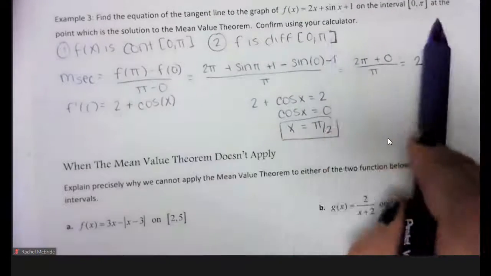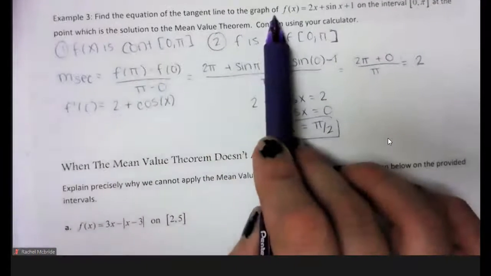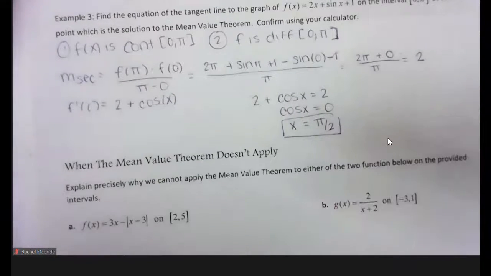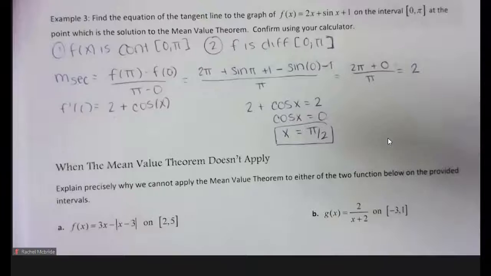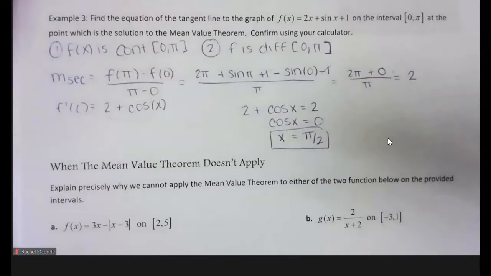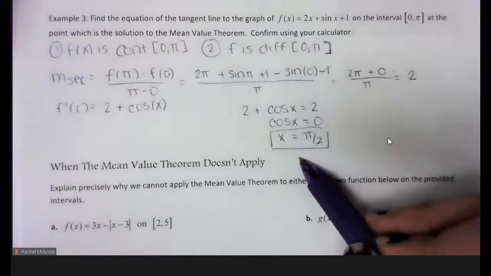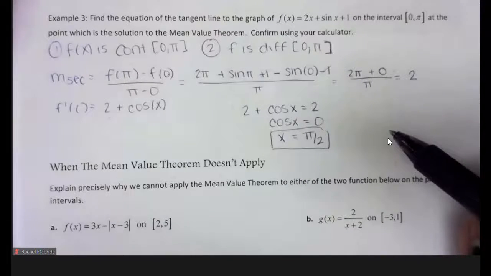So it says find the equation of the tangent line. So I'm not done. What does that pi over 2 represent? It represents the value at which this occurs, right?